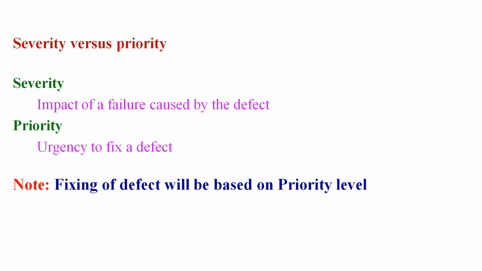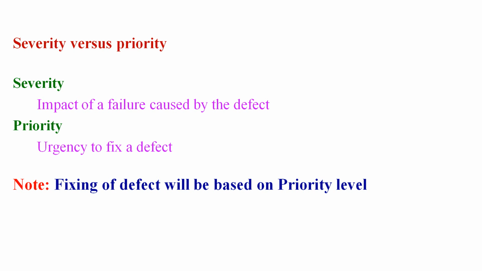And the priority. Priority indicates how urgently this defect has to be fixed by the developer. The priority level will always indicate the urgency to fix a defect. What does it mean? For example, if the priority is high for a particular defect, it means that defect has to be fixed immediately.